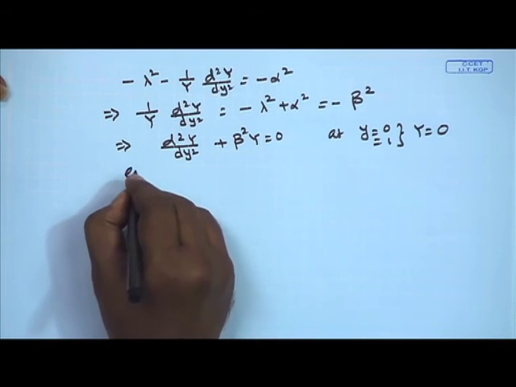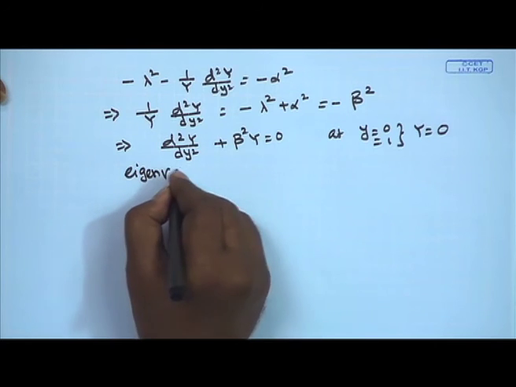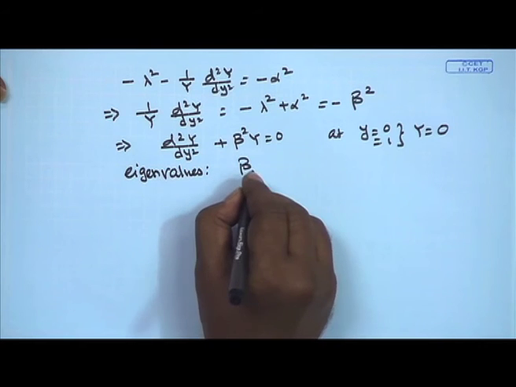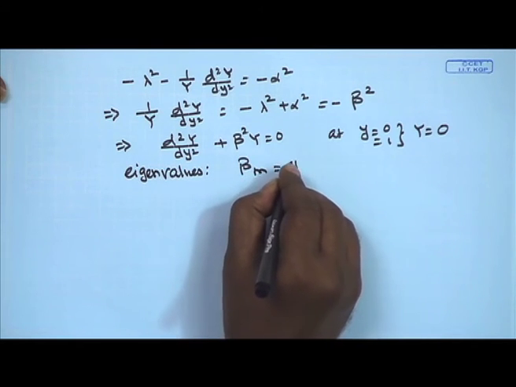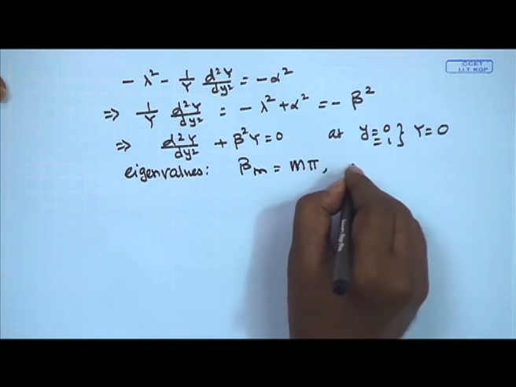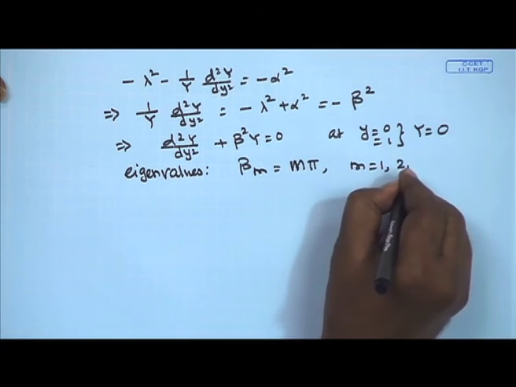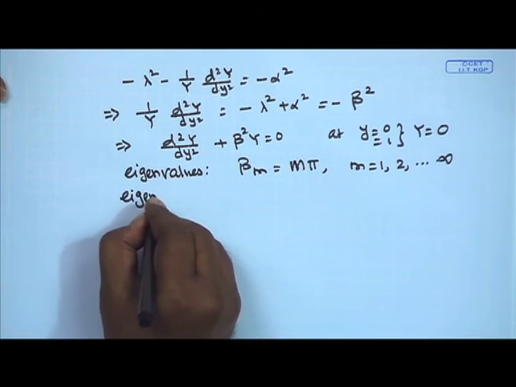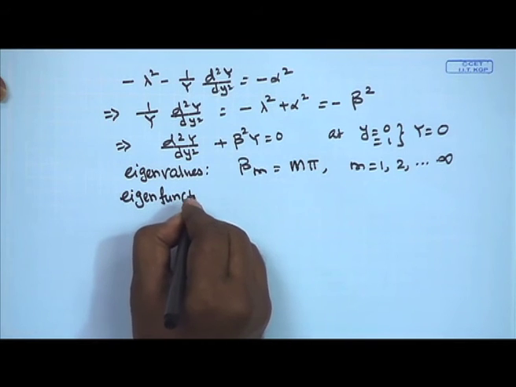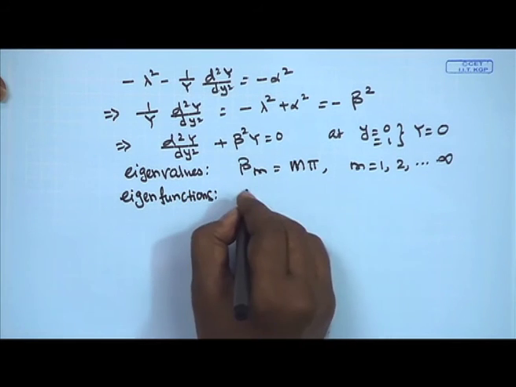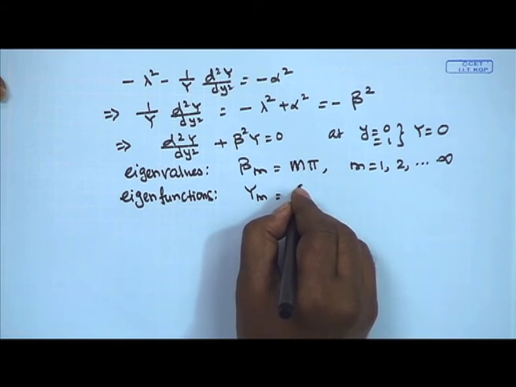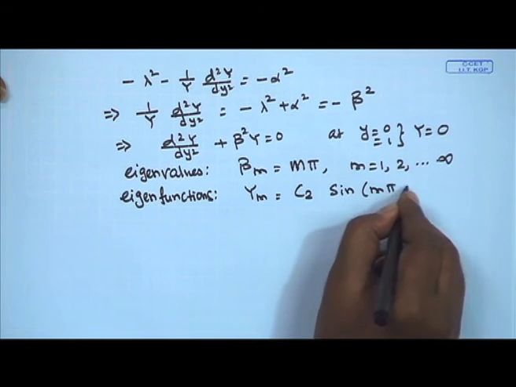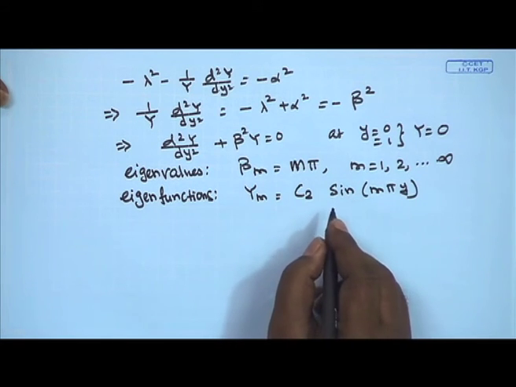So, therefore, the eigenvalues are beta m is equal to m pi, where index m runs from 1 to infinity, and eigenfunctions are Y m is equal to C2 sin m pi y.